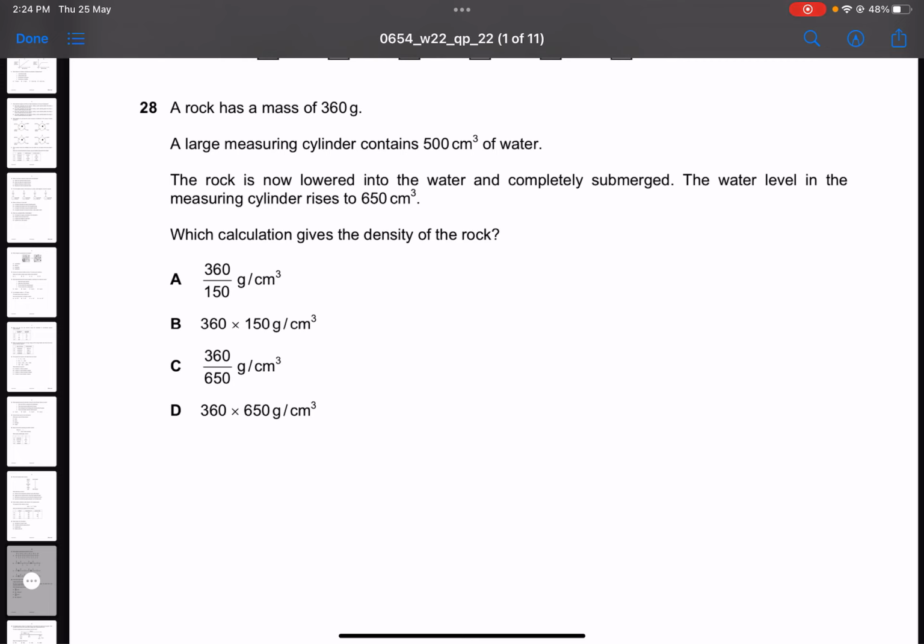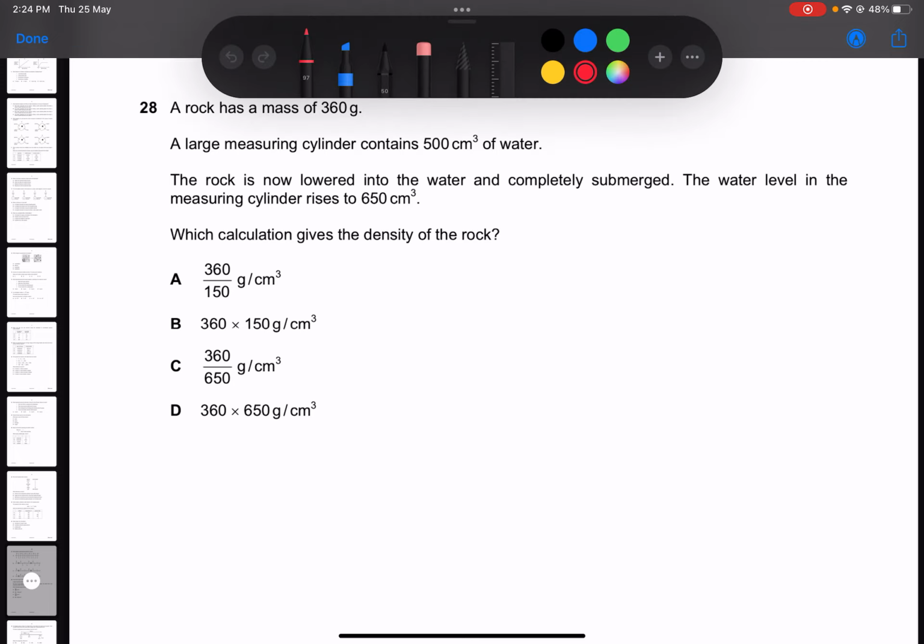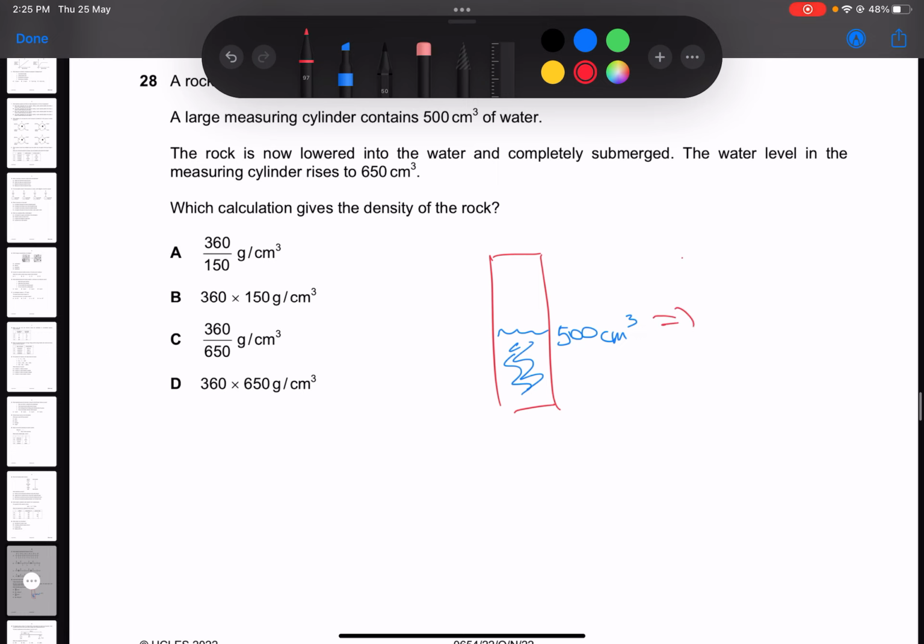Okay, let's get the pen here. Let's say this is the cylinder. There was water here, without the rock, and the level was 500 centimeter cube. Then we have another cylinder here, and we put the rock inside the water.